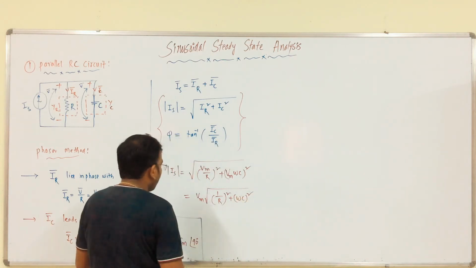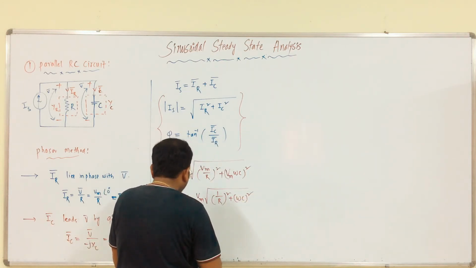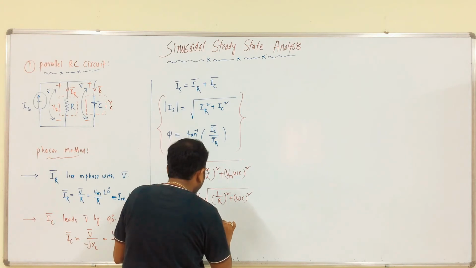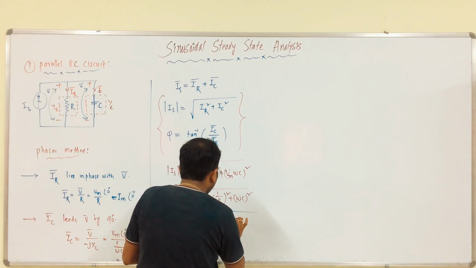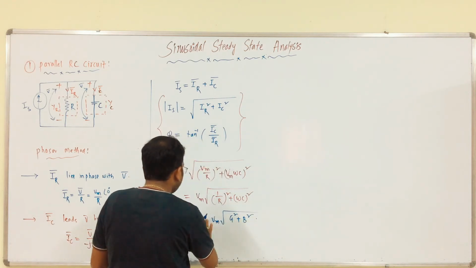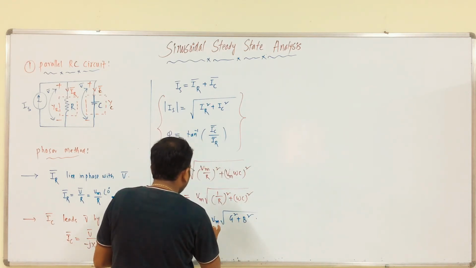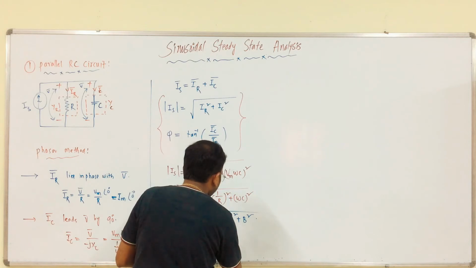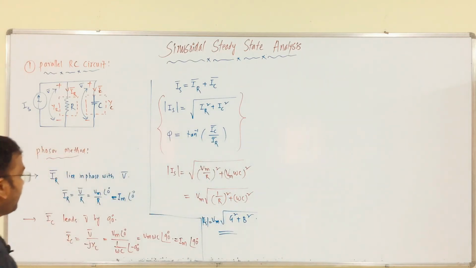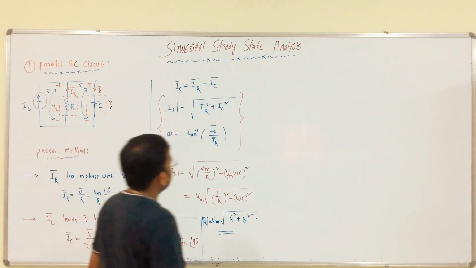That is it. This is the magnitude of IS, which we can write as Vm times the square root of G square plus B square. That is it. This is IS. Clear?